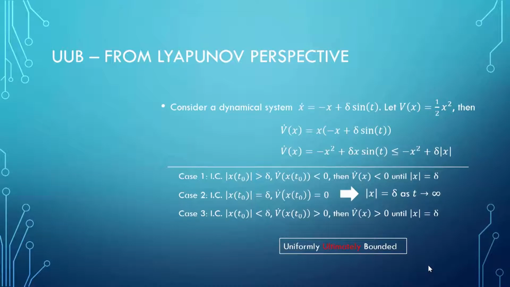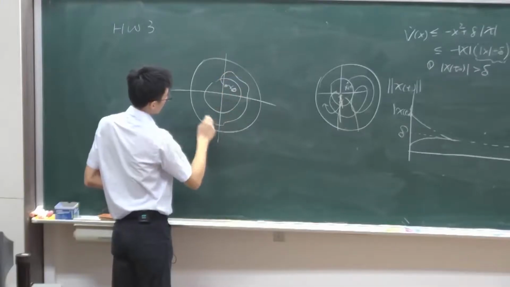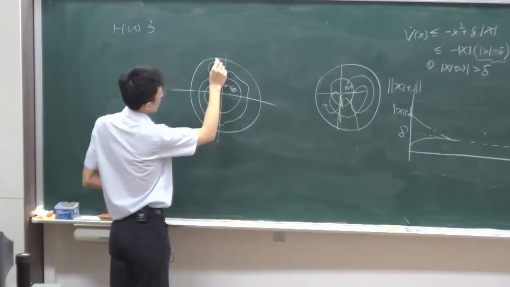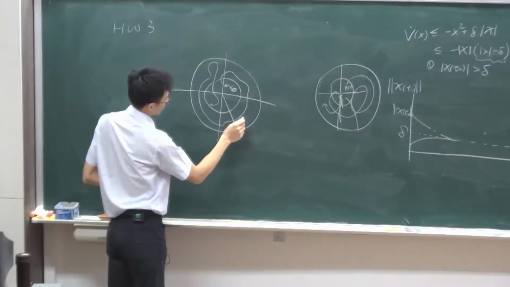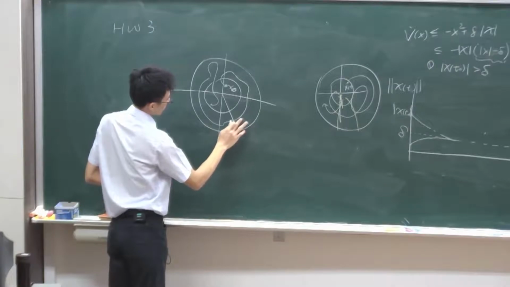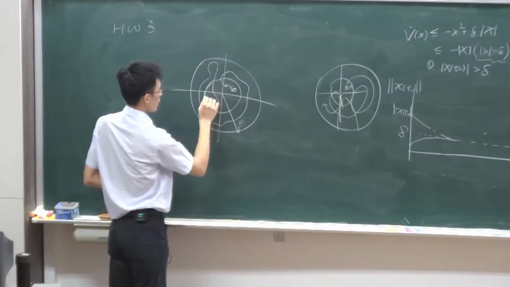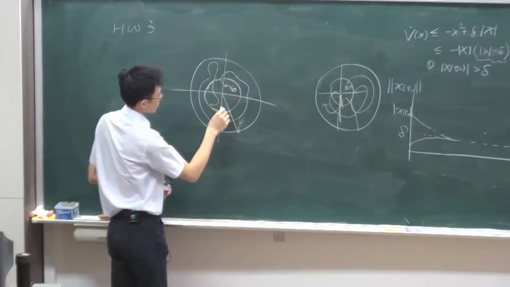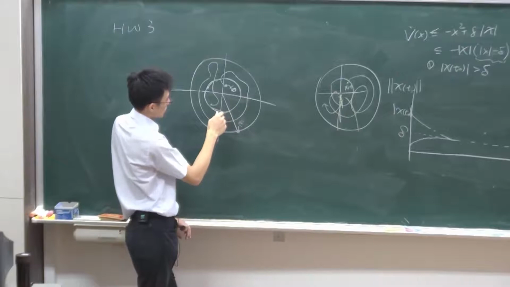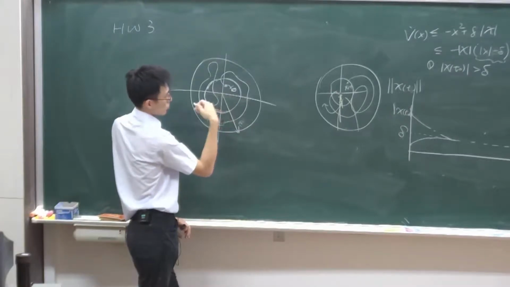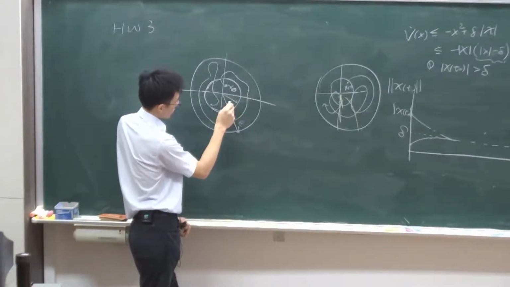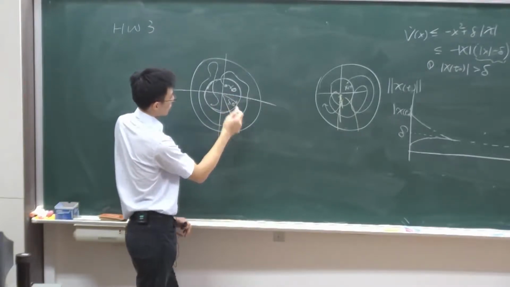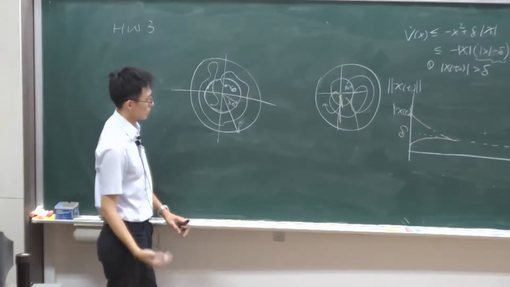No matter where you go along with time, you remain bounded in this radius, epsilon. And the region of radius that the initial condition starts from is the radius of delta. Then you can say it's bounded.